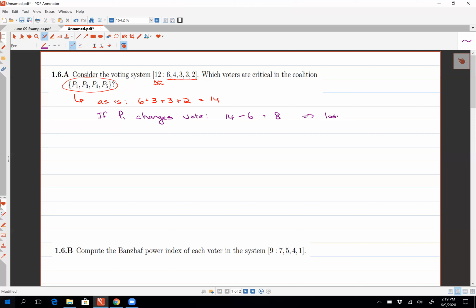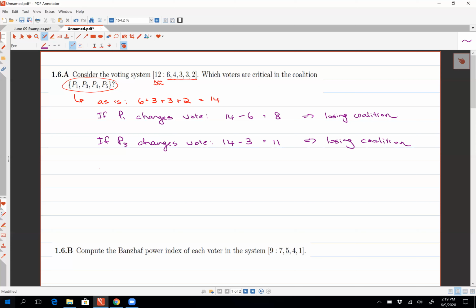So this becomes a losing coalition if voter 1 changes their vote. What about if voter 3 changes their vote? So the coalition as is has 14 votes. If voter 3 changes their mind, they would lose 3 votes and only have 11. Again, that's below the quota. That's now a losing coalition.